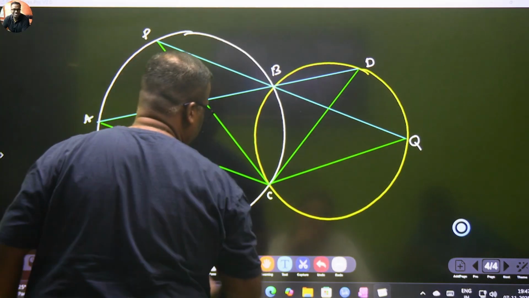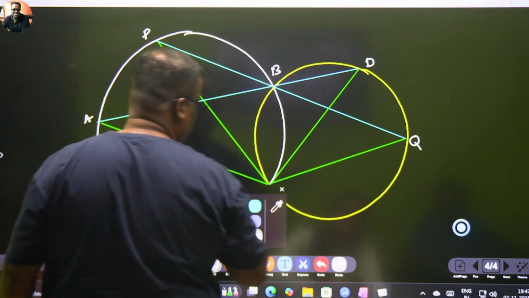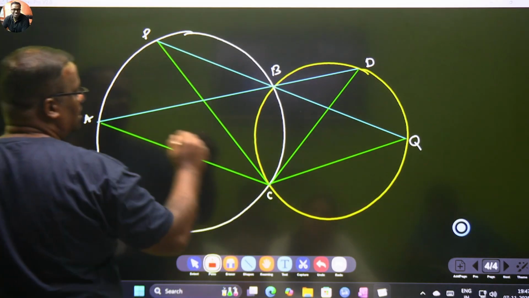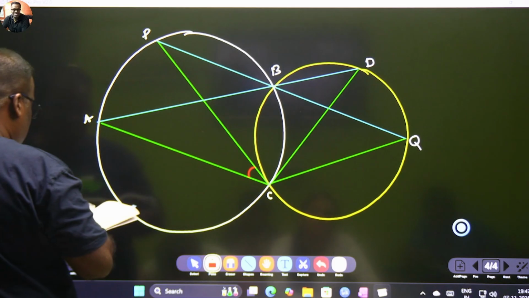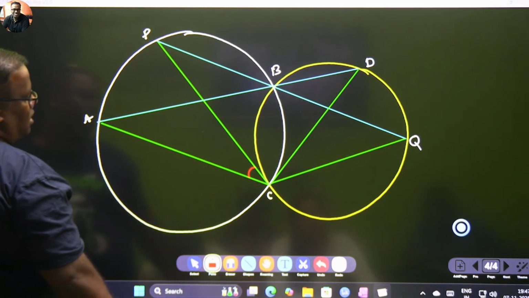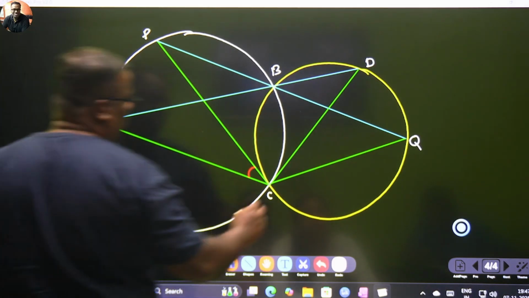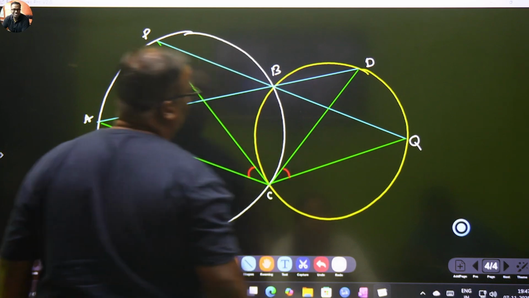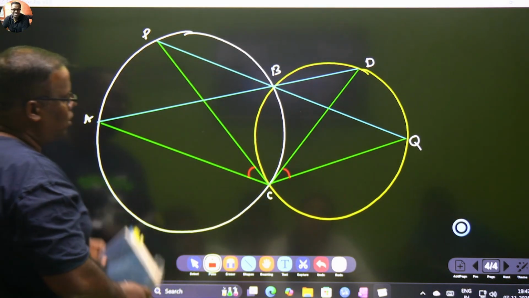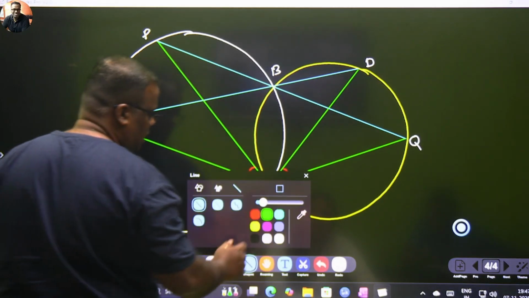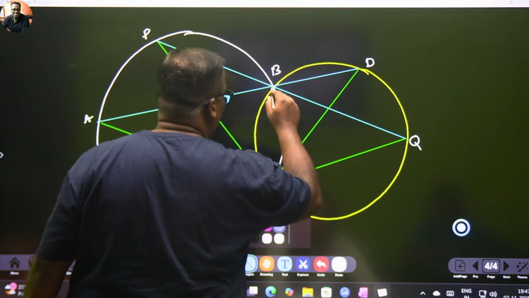Where is ACP? ACP. This particular angle is equal to QCD. Where is Q? QCD. We have to prove that this angle is equal to this angle. Very good. First of all, children, do you see any cyclic quadrilaterals? If you don't see, let us at least keep one cyclic quadrilateral in our purview.